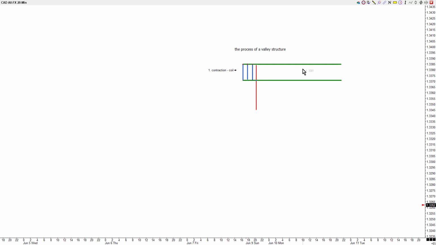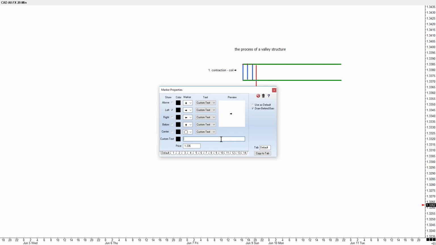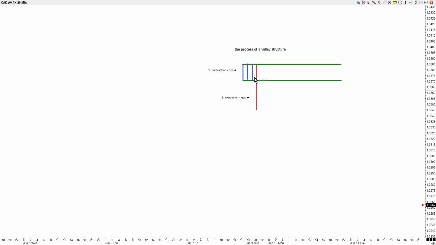So we're going to do a valley, but it has to go in steps. So step two is going to be expansion. And that's going to manifest as a gap in some form.